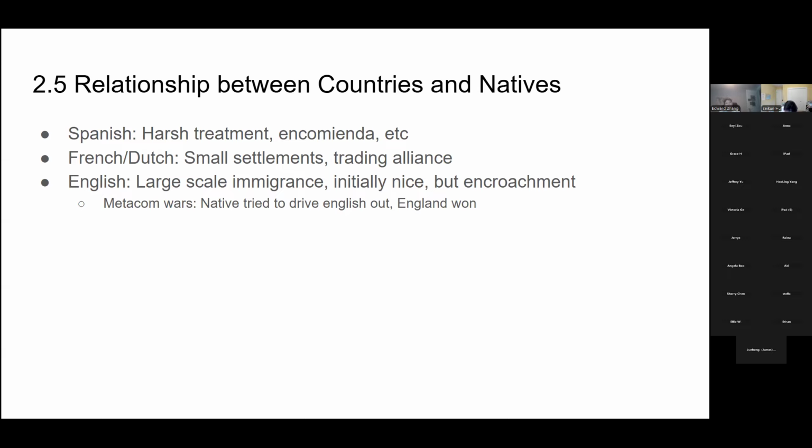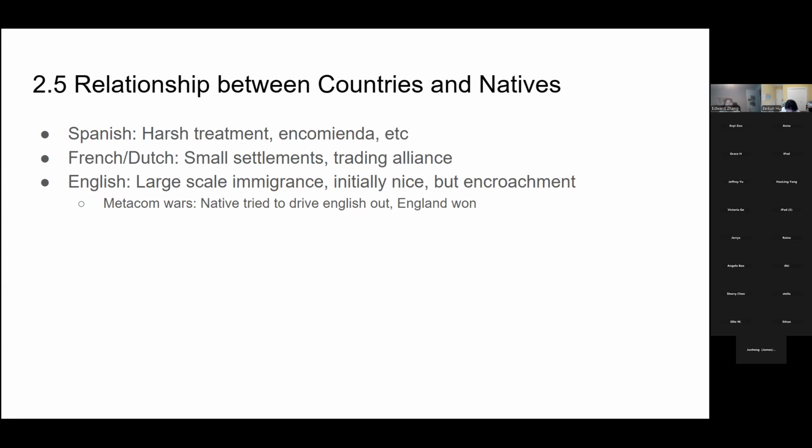And then the French and Dutch had small settlements and they were mostly known for trading alliances. So they were like the good guys out of the Europeans, right? And I think that's one of the main reasons why they ended up ultimately getting kicked out, because they were too good of people. Although they still did some bad things, they were mostly good. And the English had large scale immigration. They were initially nice, but they encroached on them, right?